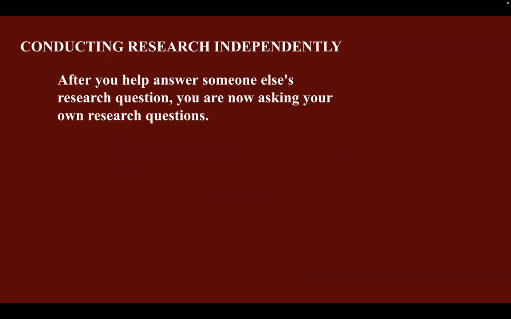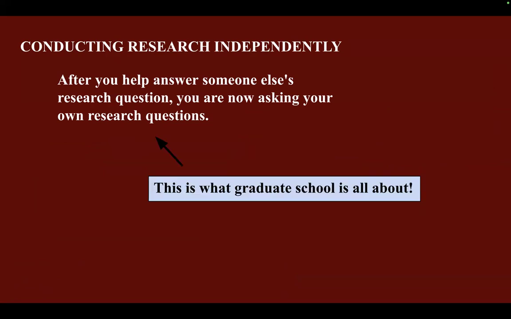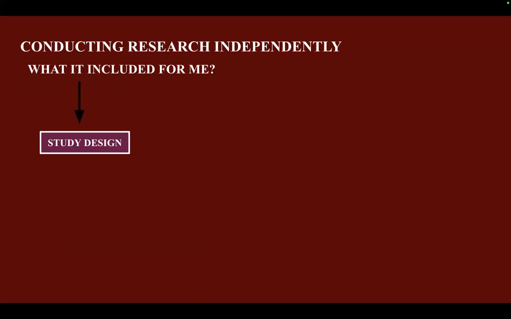Once you're done being an RA, you're now asking your own research questions, and this is exactly what grad school is about. In a PhD environment, you're expected to work independently, come up with your own research questions and answer them, and lead the whole data collection process and the recruitment of participants. For me, I started off in undergrad, and it included taking ownership of my work.